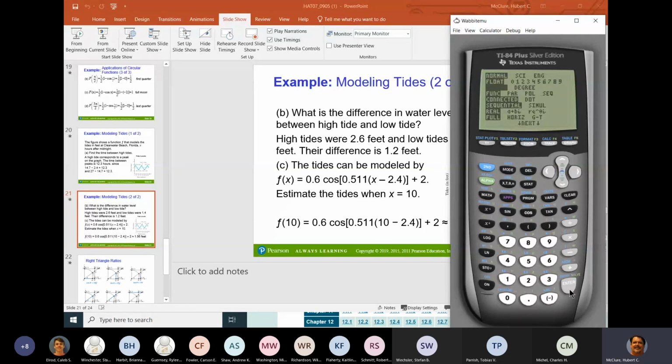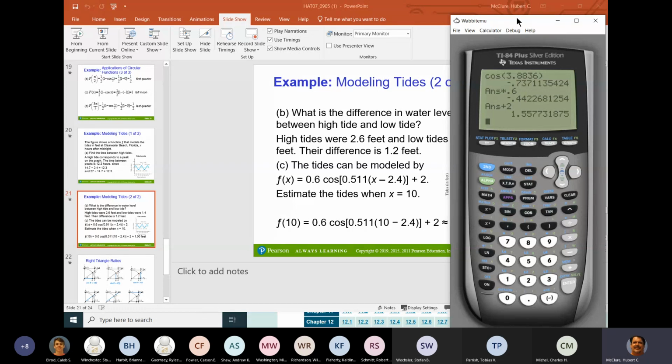We messed up. Okay, now, cosine of 3.8836 multiplied by 0.6 and add that to 2.